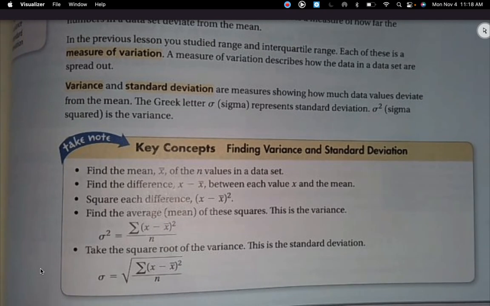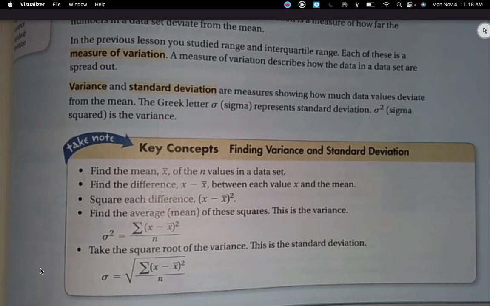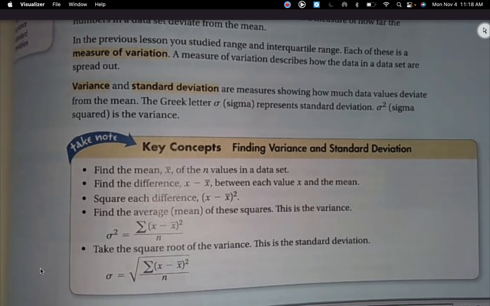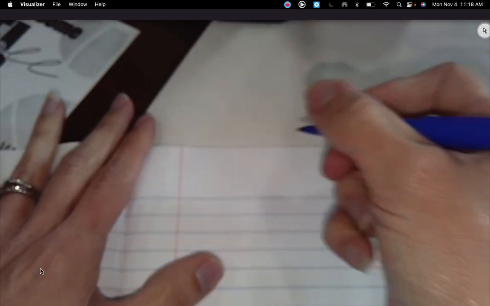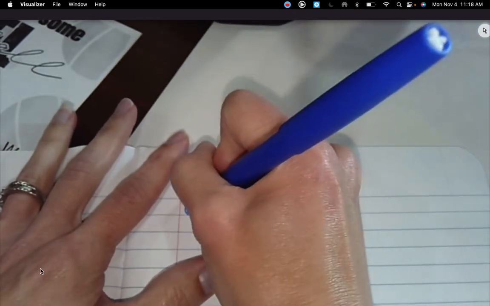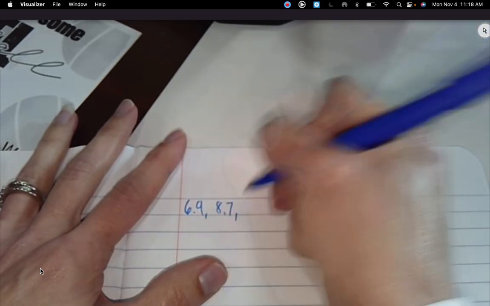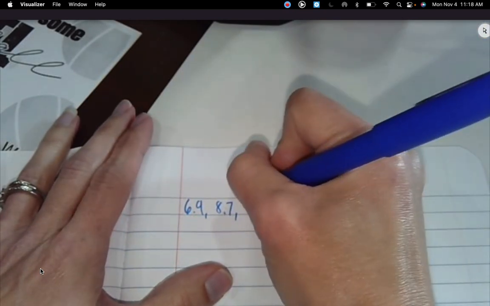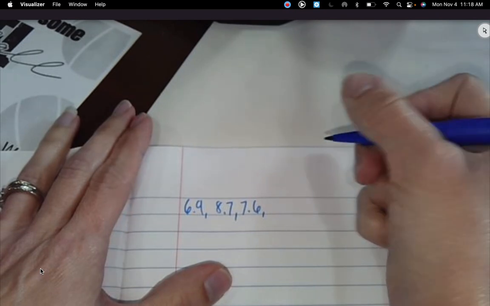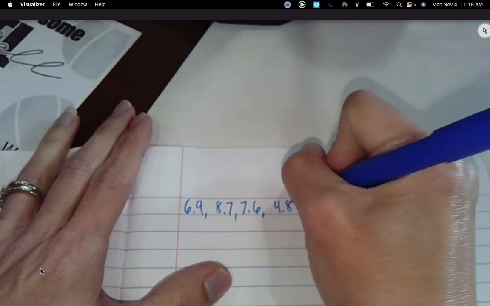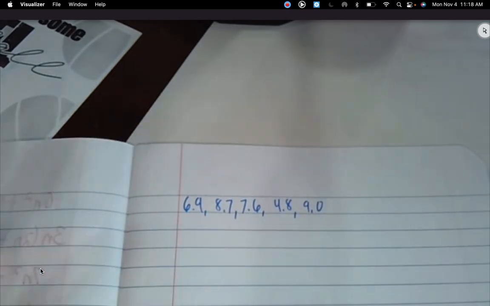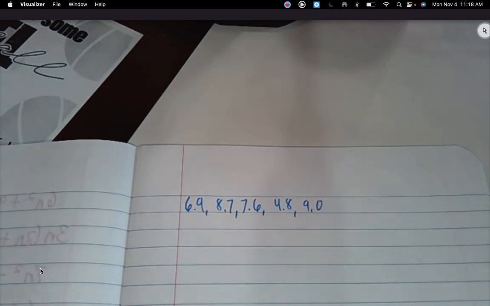Okay, so let's look at a problem. Or wait, we're still writing? Are you sure? Okay. So let's look at, we'll do a small set of data. I'm going to write the data down so I have room. It's these numbers. We've got 6.9, 8.7, 7.6, 4.8 and 9.0. So not a ton of numbers. So our first step, what do we do with those numbers?